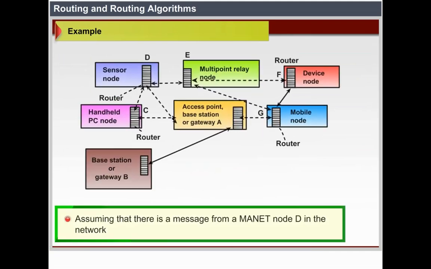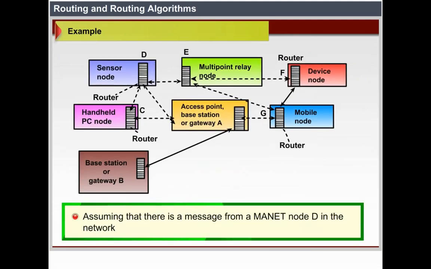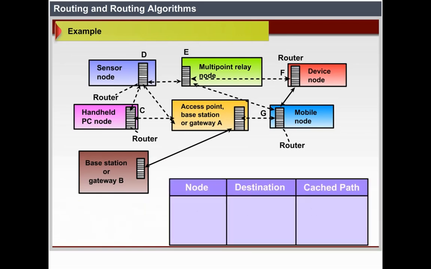Example: assuming that there is a message from a MANET node D in the network. Node D, destination A, cached path DCA. Node D, destination B, cached path DCAB. Node D, destination F, cached path DEF.